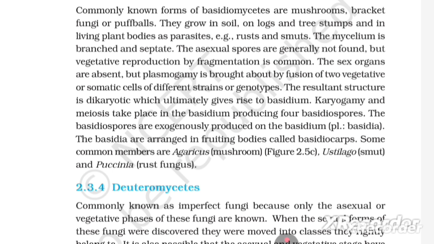The basidiospores are exogenously produced on the basidium, plural basidia. The basidia are arranged in fruiting body called basidiocarp. Some common members are Agaricus, mushroom, figure 2.5c, Ustilago, smut, and Puccinia, rust fungi.